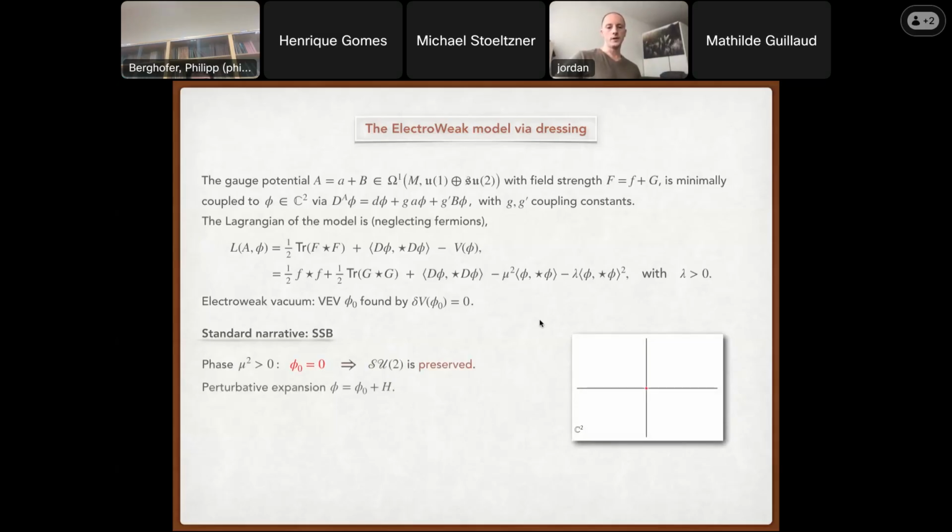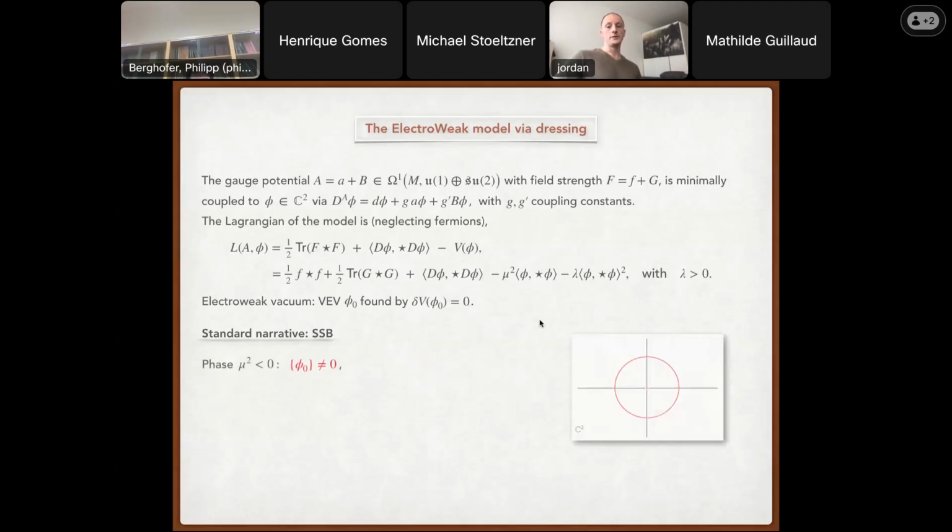So if you do a perturbative expansion of the scalar field around its minimum, and you insert this into the minimal coupling, you simply obtain the minimal coupling of the fluctuation H with the gauge field, and those gauge fields are therefore just massless gauge fields. There is nothing beyond the simple minimal coupling with the scalar field.